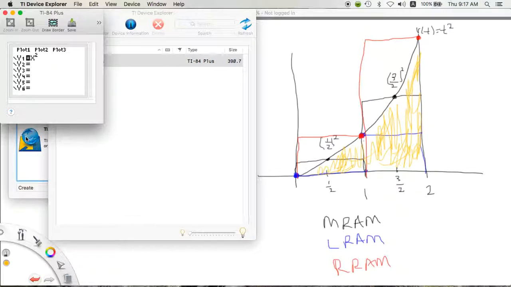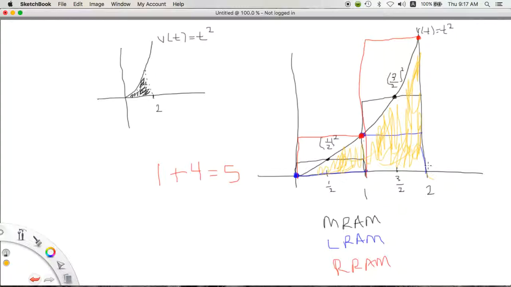Once you've got the program in your calculator, go to program, and you're going to execute the RAM program. So we hit enter, and A is the left-hand spot. So that's 0. We're going from 0 to 2.